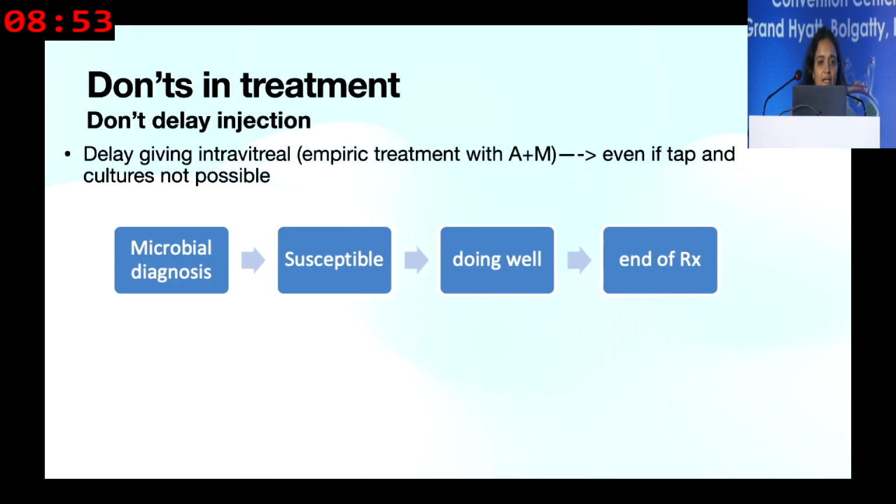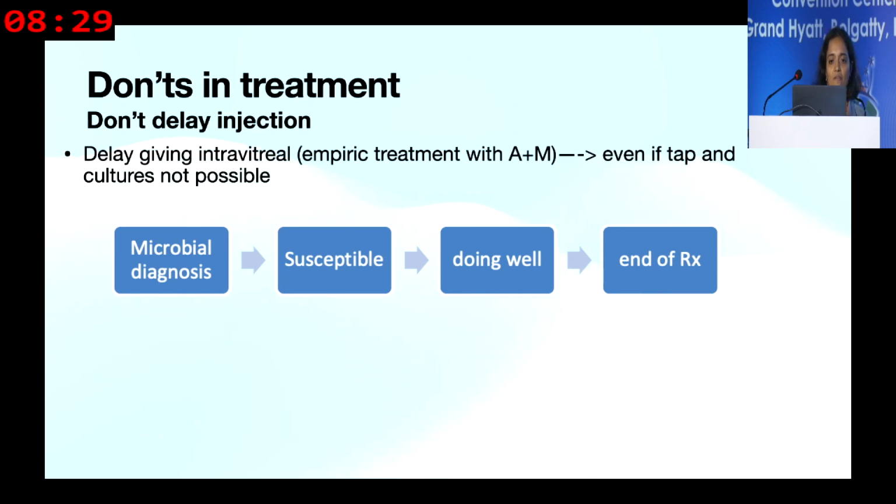Coming to don'ts in treatment, we should not delay injection just because we don't have access to gram stain, culture and sensitivity. We don't delay in giving an intravitreal empirically with amikacin and moxifloxacin, and this has been the antibiogram susceptibility that is seen in this part of the world.